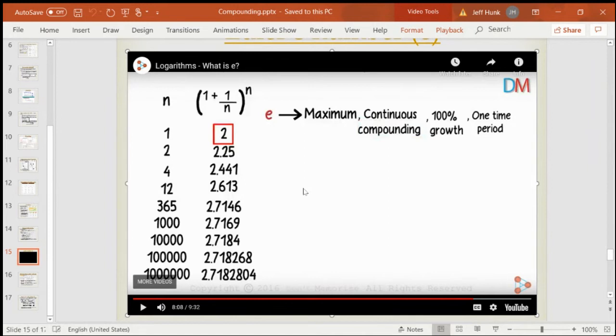Irrational meaning there can be no exact ratio, right? An exact ratio would be like 2.7 if it stops there. Then it's rational, meaning there's a definitive ratio. But numbers like 3.14 pi or Euler's number are irrational, meaning they keep on going forever.